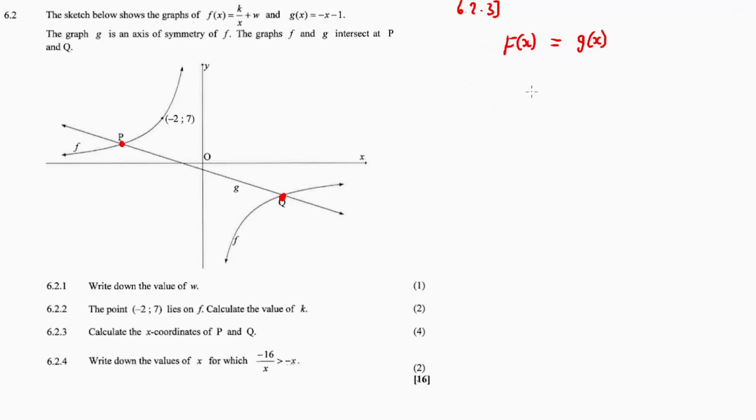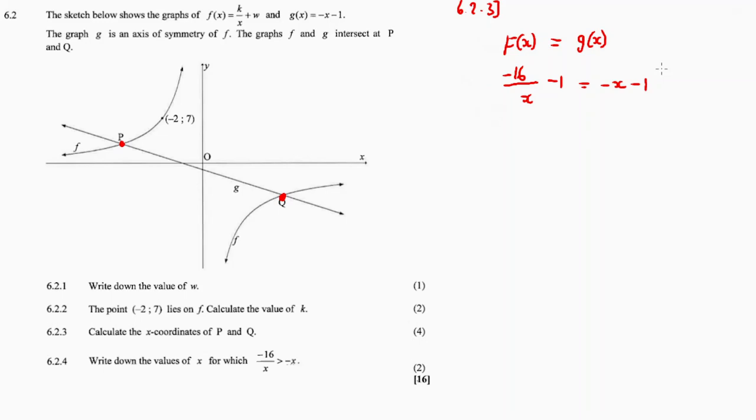Since they are equal at P and Q, I can just equate the two equations. So f of x is equal to, remember K was calculated as minus 16 divided by x, minus 1, equal to g, it's negative x minus 1.